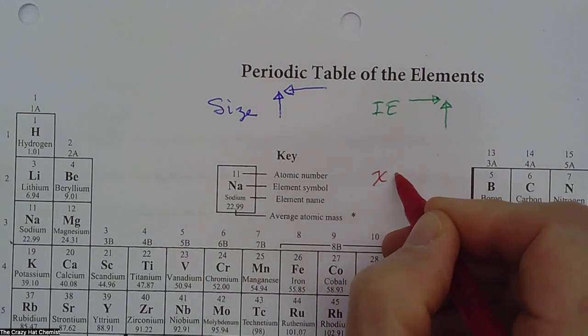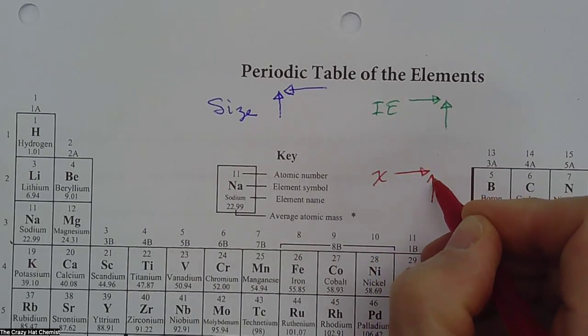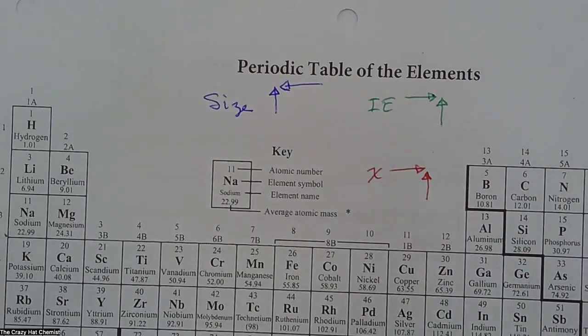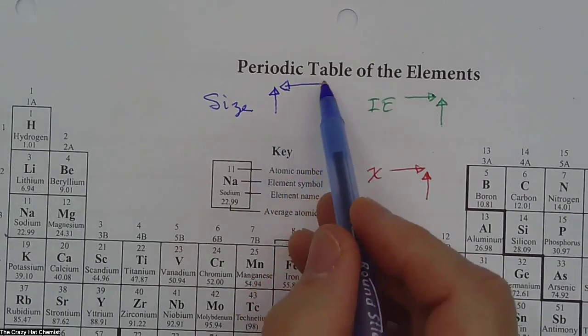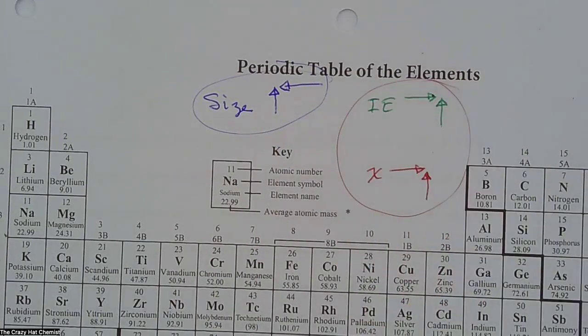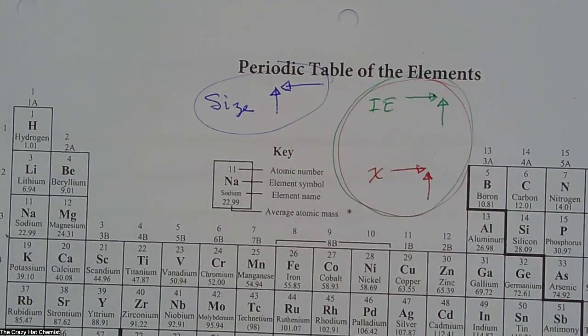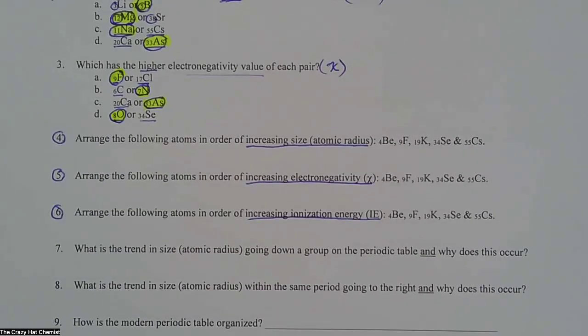Electronegativity is increasing as you go to the right and increasing as you go up. So you should see that size is opposite that of electronegativity and ionization energy, and electronegativity and ionization energy follow the same pattern. We're going to be answering questions 4, 5, and 6 together.